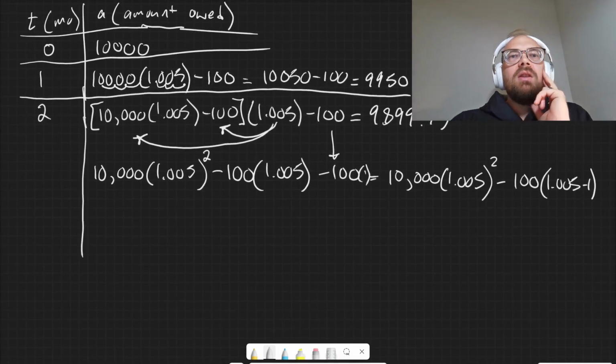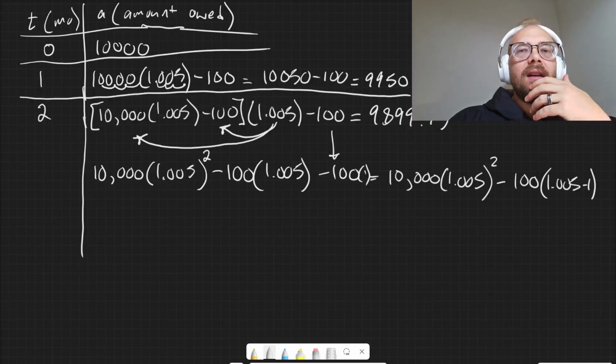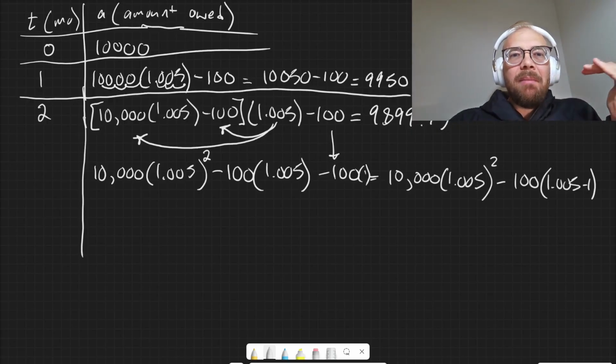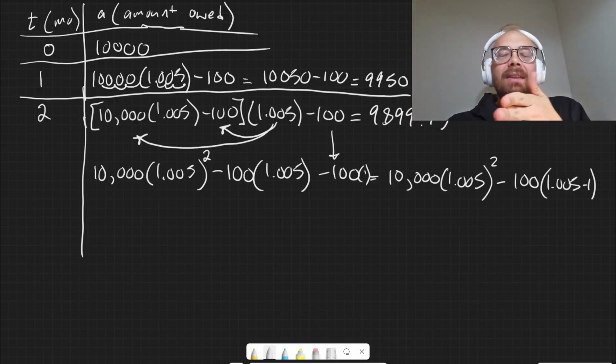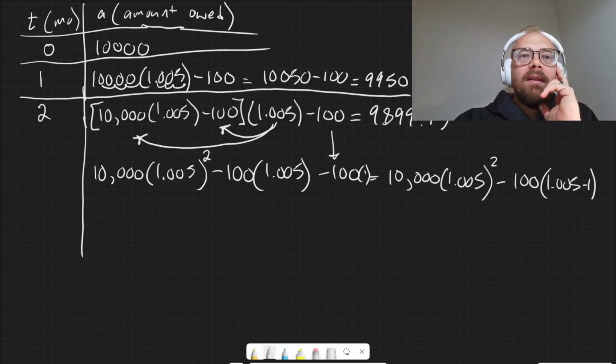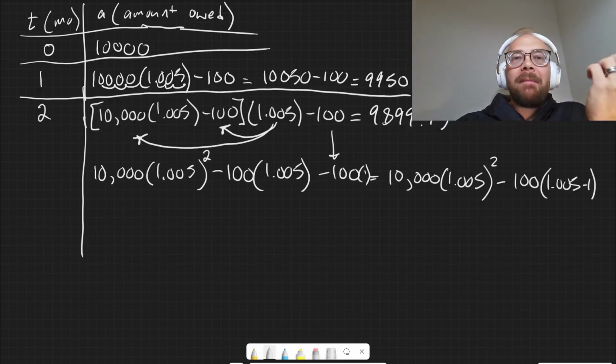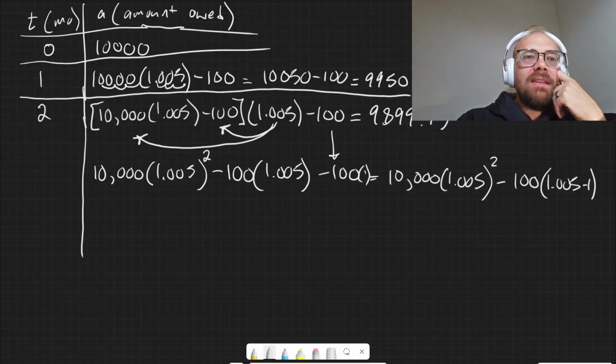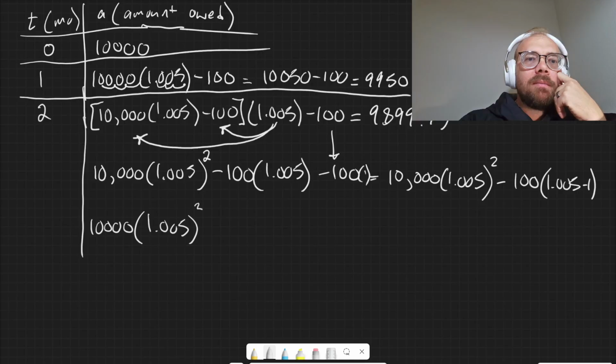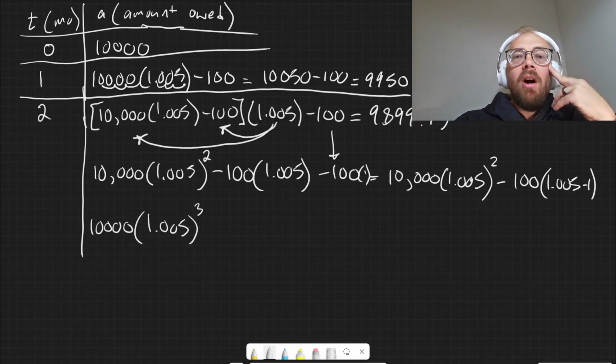Okay, so what's going to happen is I'm going to take all of that and multiply by 1.005 again, and then minus 100. So if I multiply all of this by 1.005, the easiest and the simplest thing that happens is that I have my 10,000, and that's going to go up by another power, right? Now, all of this other stuff gets multiplied by 1.005 as well, right?